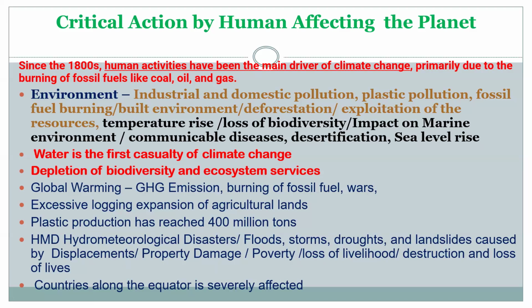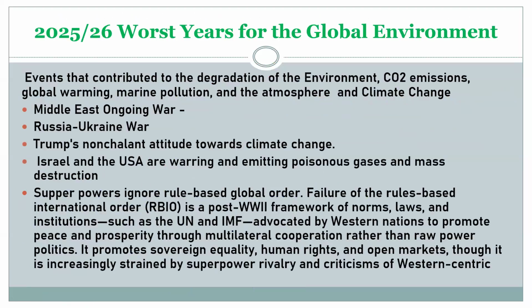So annually we are affected by hydrometeorological disasters. We are more vulnerable because we are close to the equator. 25, 26 are the worst years for the global environment.